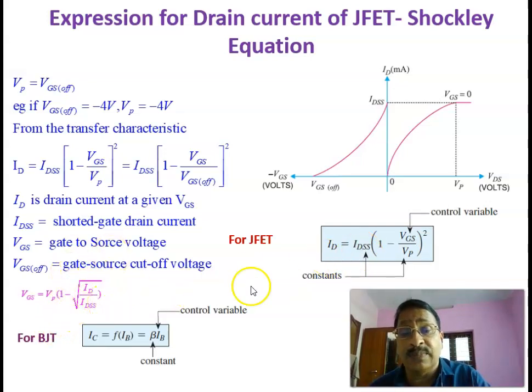That is, VGS, the gate to source voltage, equals the pinch off voltage into 1 minus square root of drain current divided by IDSS. That is the equation derived from the Shockley's equation. This is the famous relation connecting the drain current and gate to source voltage VGS.